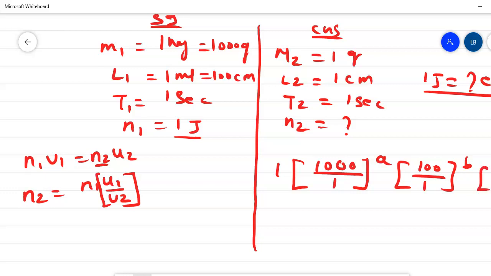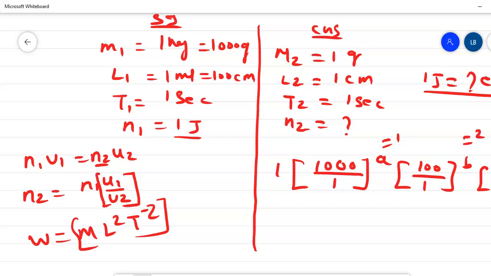So what is the dimension of work done? I know work equals M L squared T to the power minus 2. So this a will be 1, this b will be 2, this c will be minus 2. I put the dimension of work. Then I get 1000 by 1 is 10 to the power 3, and 100 by 1 is 10 to the power 2.